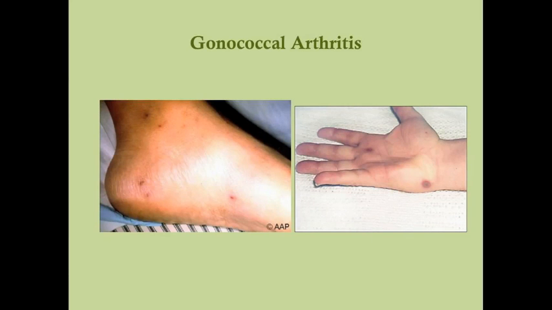So here's some of those papule sort of vesicular lesions. They're about, like I said, 5, 6, 7 millimeters in diameter. They occur on the legs and on the arms. Usually there's not more than a dozen of them.